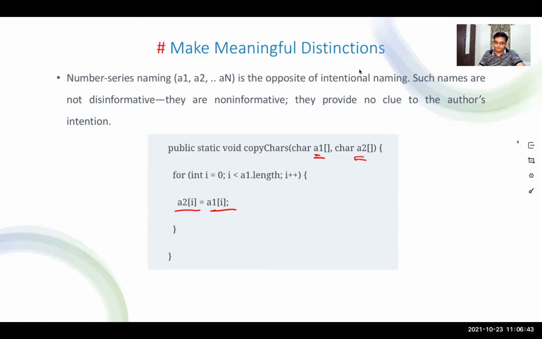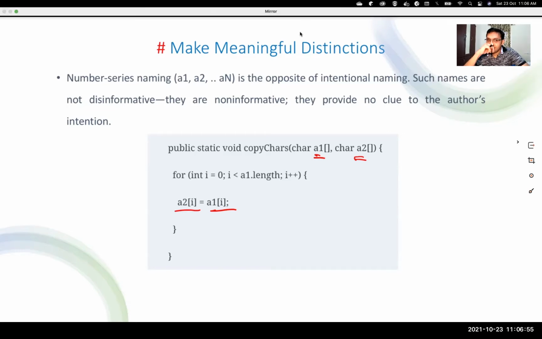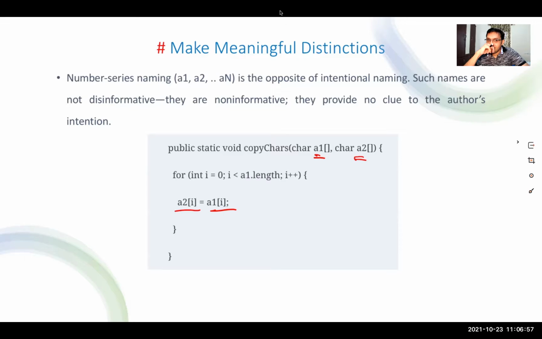What does this program do, or what are a1 and a2? If you can just look and tell me. It takes the character array and is iterating, copying those parameters to the a2 array.